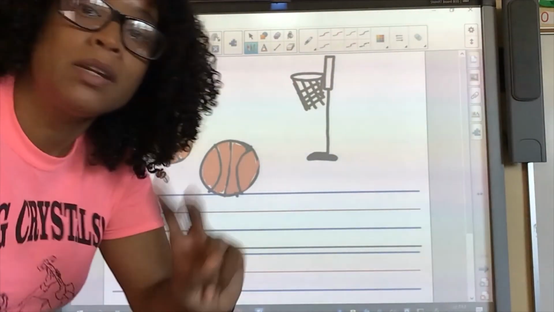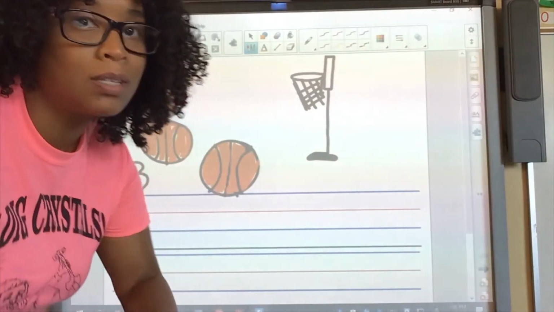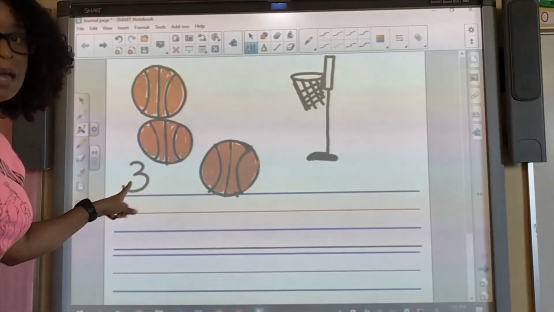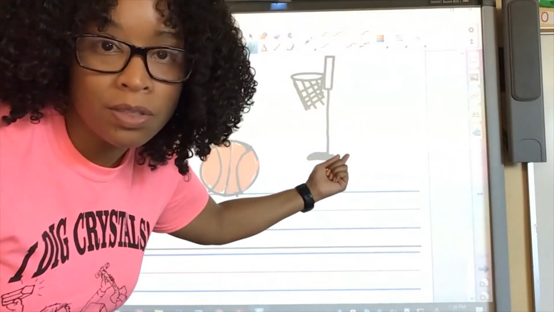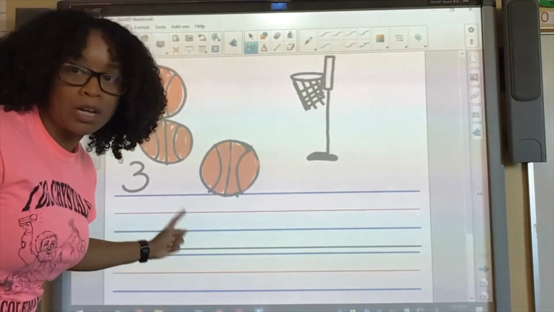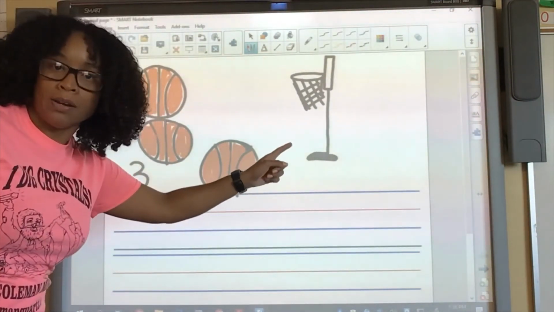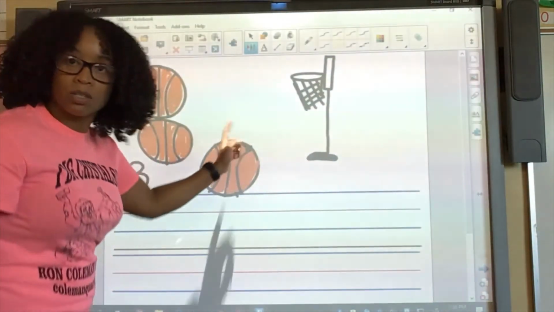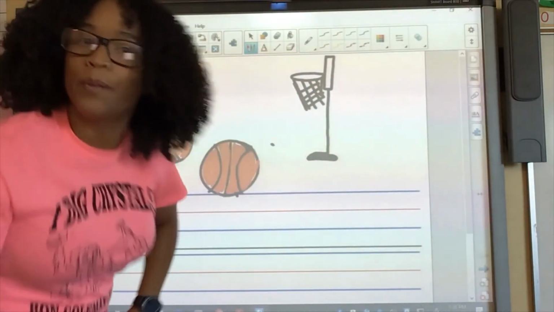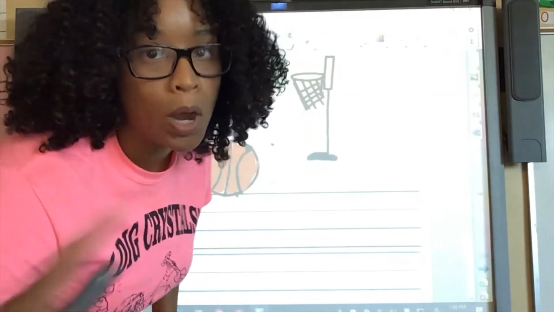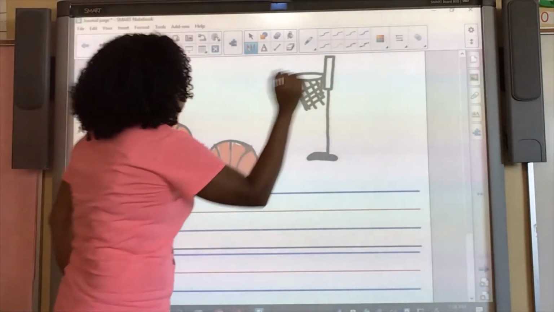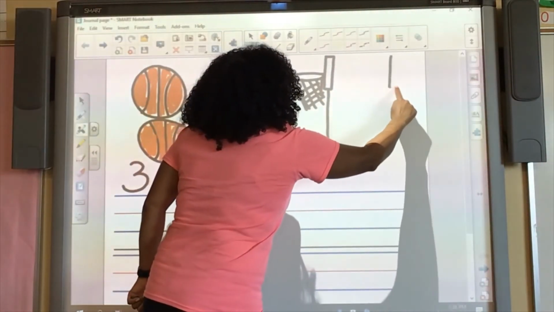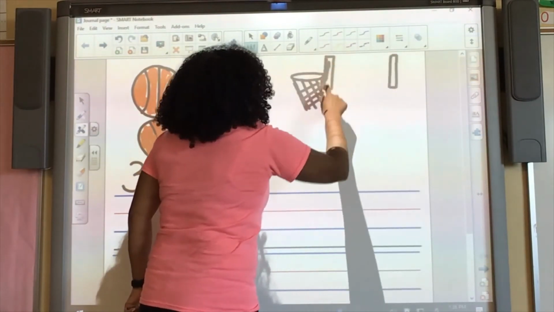So that's 1 basketball hoop. But you guys said we needed to do 2 because 2 is smaller than 3. I mean, is 1 smaller than 3? Is 3 greater than 1? Is 3 more than 1? Yeah, it is. So we could keep 1, but we want to do some more illustrating. Let's draw 1 more basketball hoop. So let's get the backboard. I'm going to color in my backboard here.